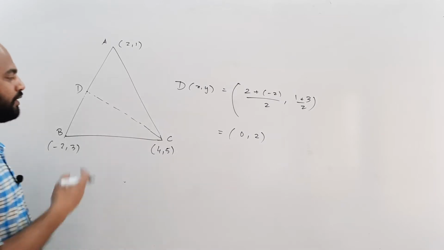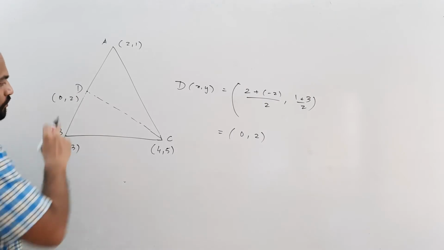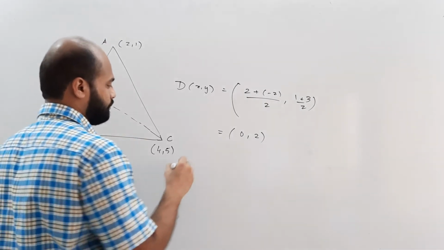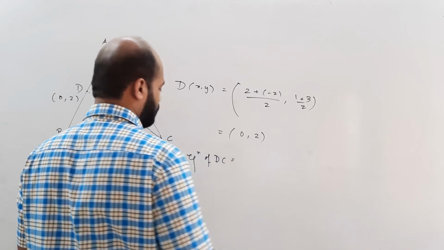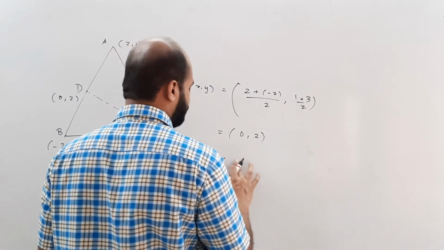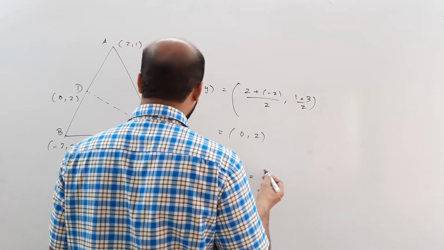Now once we found a point D, we can very well find the equation of DC. So the equation of DC is going to be y minus 2 is equal to m.